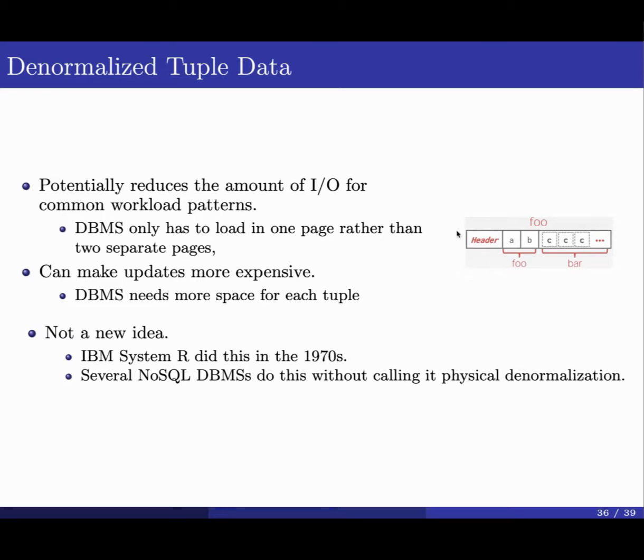Compare this to having 2 separate blocks, where you store the data that belongs to one relation together, and the other separately, the relation bar. So in this case, when you try to access the data and fetch one block, hopefully this block is going to contain a number of tuples, where all the tuples have a header and only 2 attributes that belong to the foo. That means we may be able to store a larger number of tuples in this block.